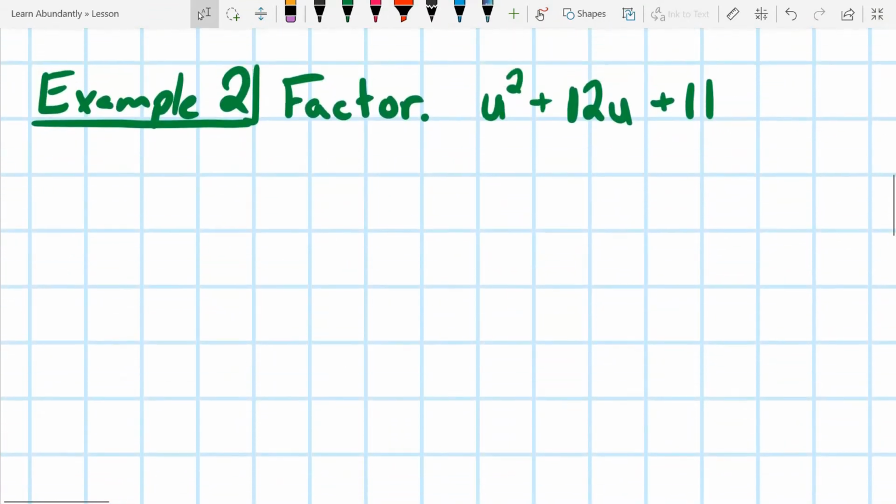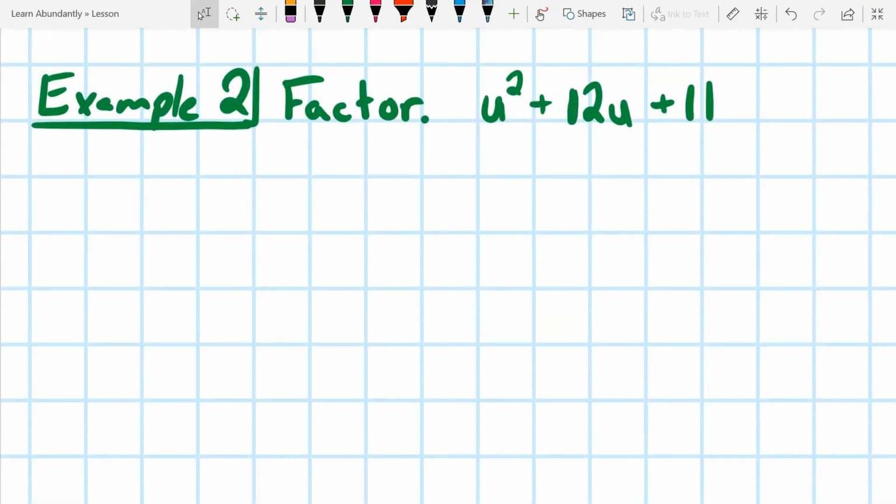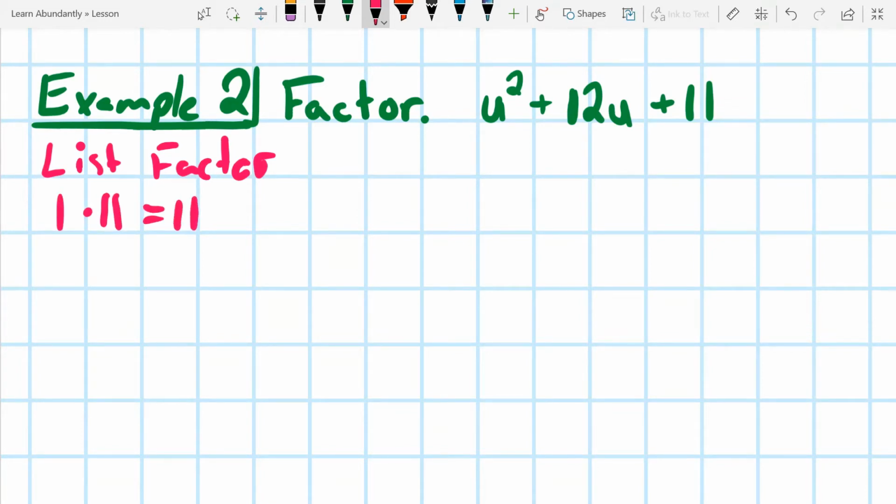When we look at the second example, we have one that's a little bit different. The first thing we're going to do is we're going to list factor pairs. And so when we list the factor pairs, we have, well, 11 again is prime. So 1 times 11 equals 11. 1 plus 11 equals 12.